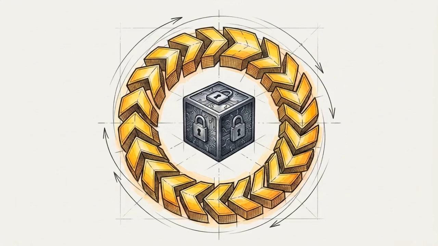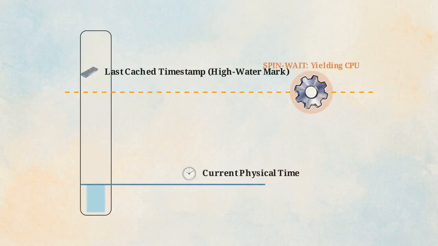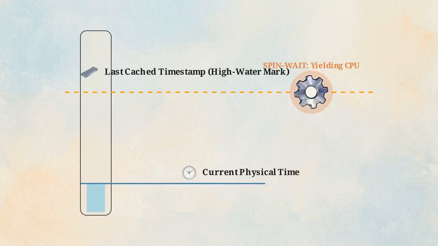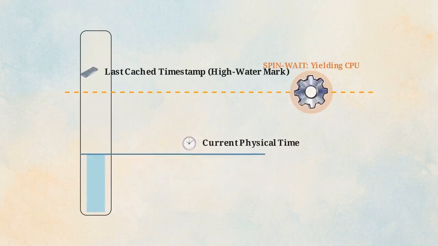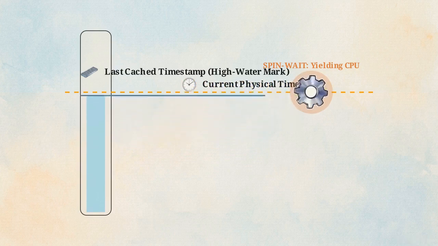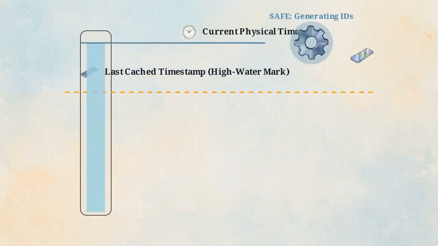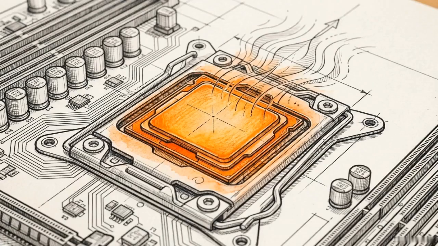To mitigate minor backward drifts, generators employ a defensive programming technique known as a spin-wait loop. When the generator detects that the current physical time is earlier than the last cached timestamp, the generator thread enters a defensive state. It actively yields CPU cycles, pausing execution until the physical clock catches up to and surpasses the cached time.